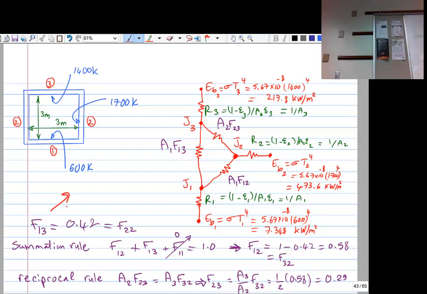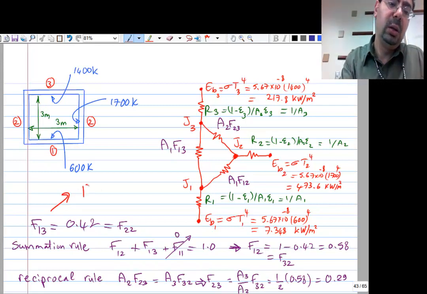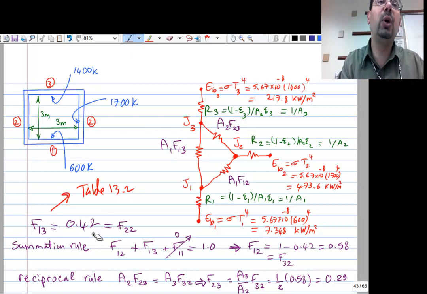Right? So table 13.2 will work for us. And so you get F13 equal 0.42, and because of the symmetry, F13 is the same as F22.